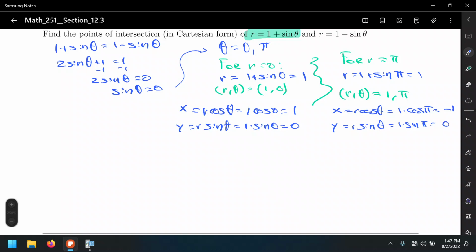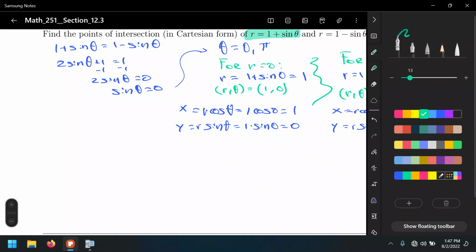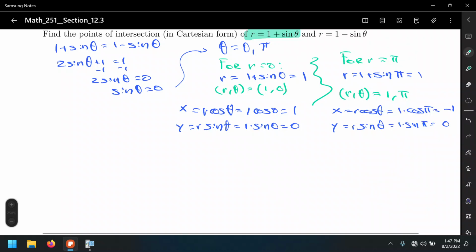So what do we have? We have the Cartesian representation of each point. So this r, theta becomes x, y, and that's 1, comma 0, and -1, comma 0, and we are essentially done finding the points of intersection.